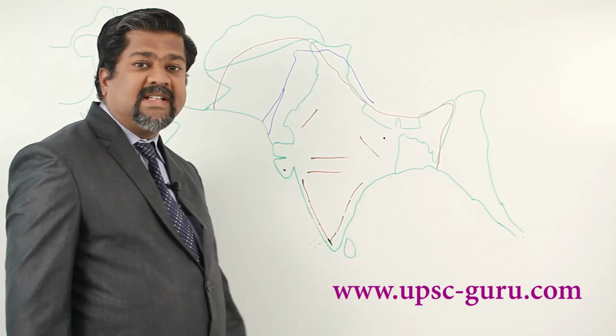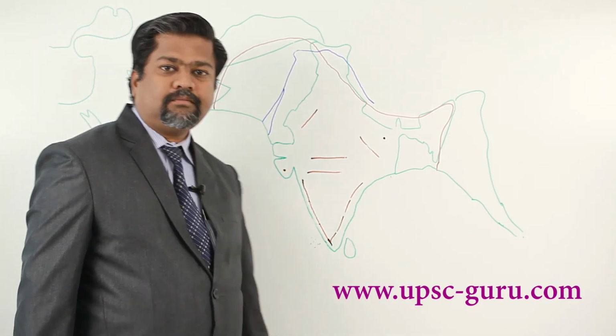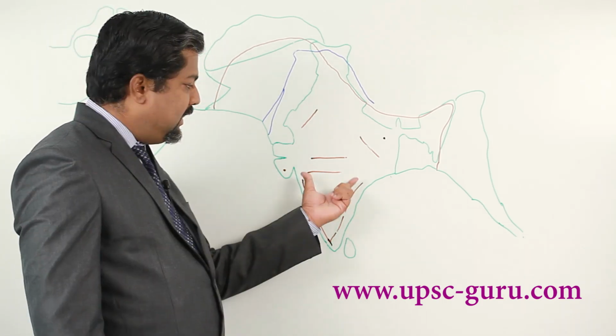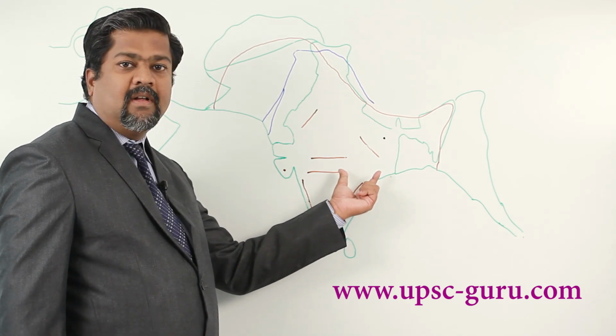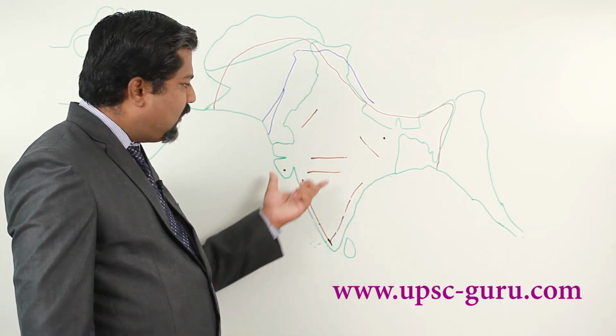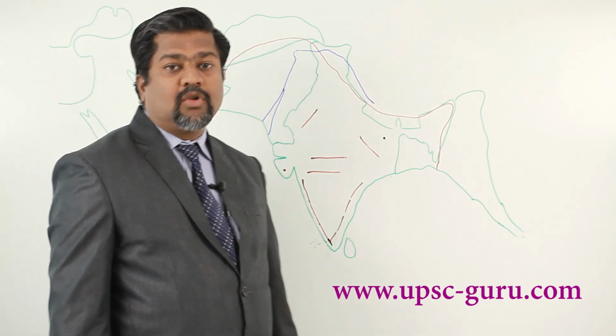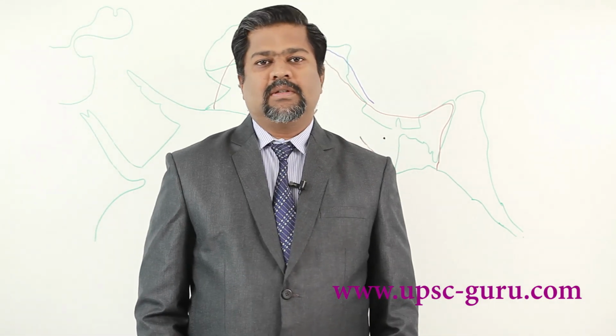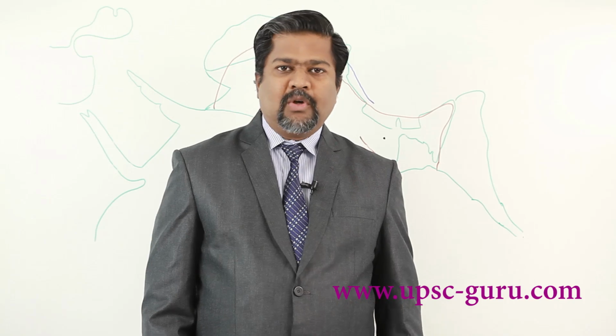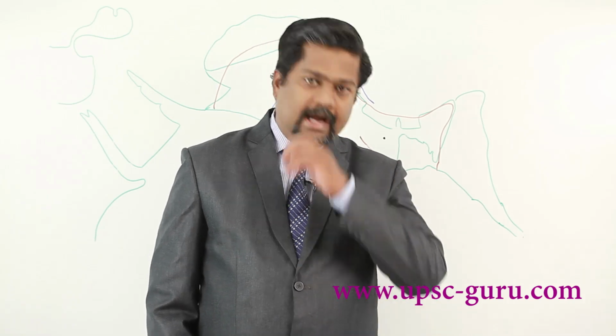Gujarat was part of his empire, but Maharashtra was not part of his empire. Here Maharashtra and here Orissa or Odisha are not part of his empire. So in northern India the Chandragupta's empire was set out. Almost all of northern India was under the control of Chandragupta Maurya.